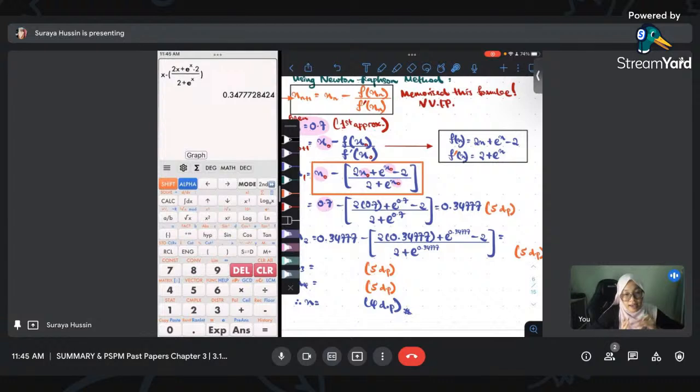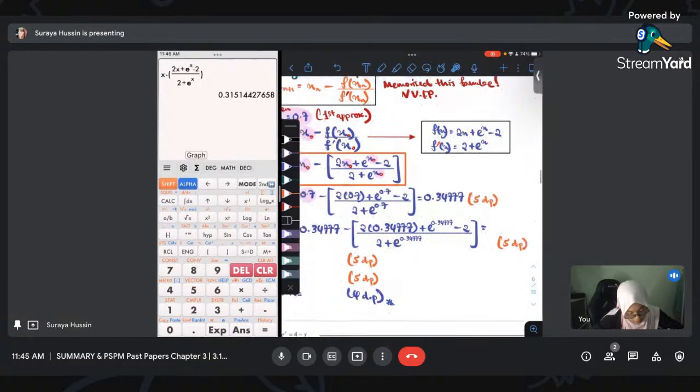Jadi, dia senang buat careless. Untuk mengelakkan careless mistakes, we use calculator yang ada huruf X. Sebab itulah saya pakai huruf X ni, bukan nombor. And so, we can tekan calculate lagi, bawah shift ni. Tekan calculate, tekan answer. And then tekan equal bawah ni. Equal lagi. So you will get a new value which is 0.31514.